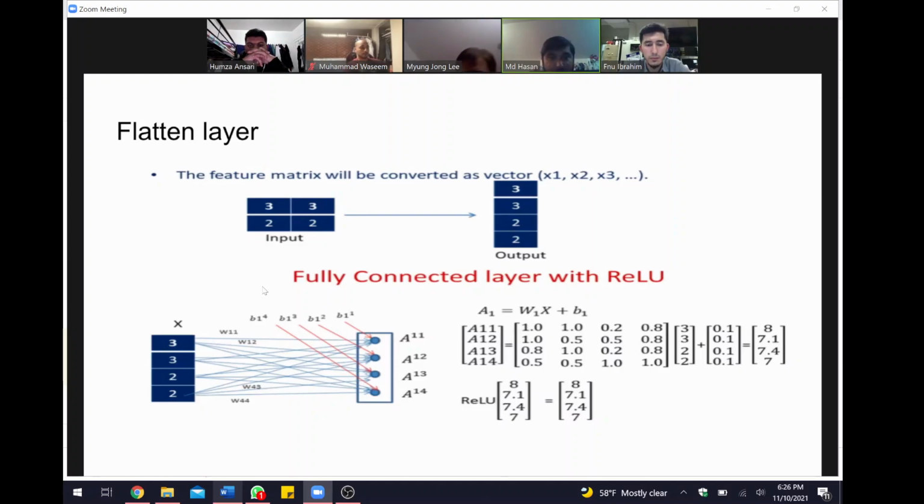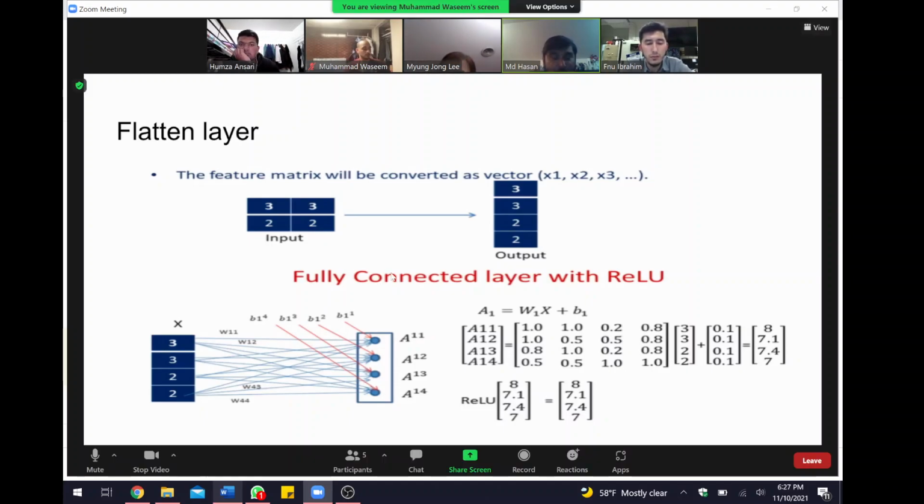Then we did a simple matrix simplification, and we get the ReLU values of 8, 7.1, 7.4, and 7. ReLU does the same thing here too, because there is no number less than 0, so it keeps the same output.